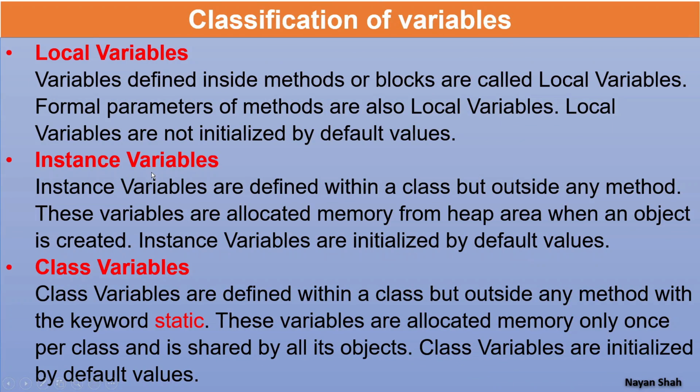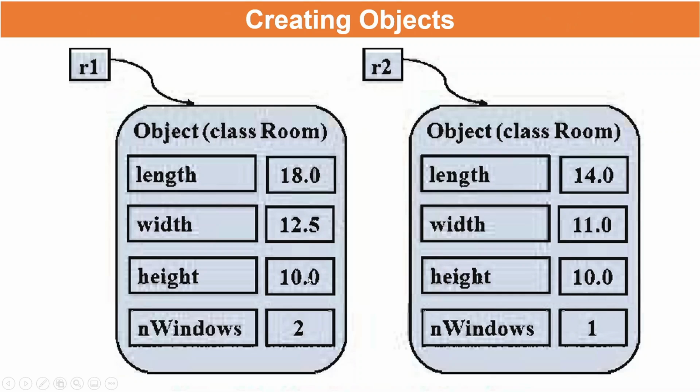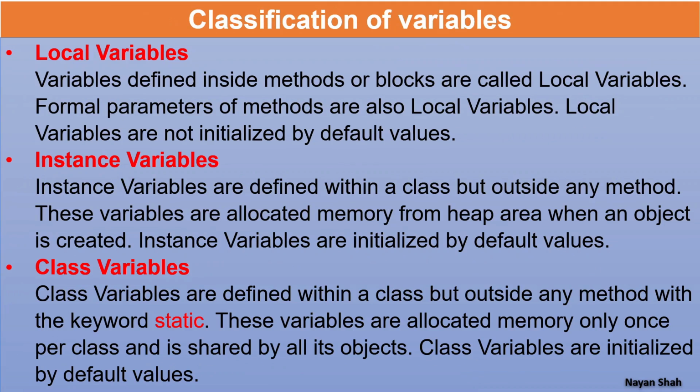These variables are allocated memory from the heap area when an object is created. So when such objects are created, all these variables are given special memory locations. Instance variables are initialized with default values automatically.